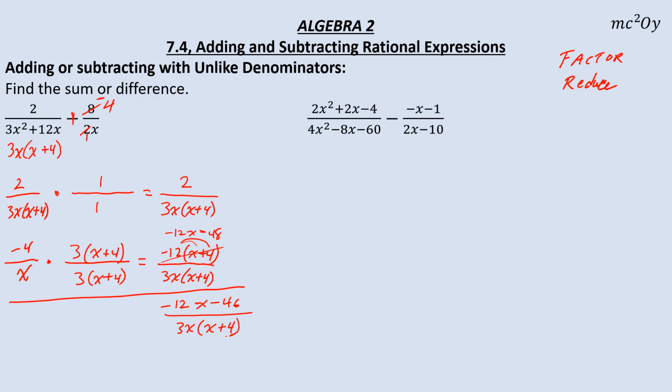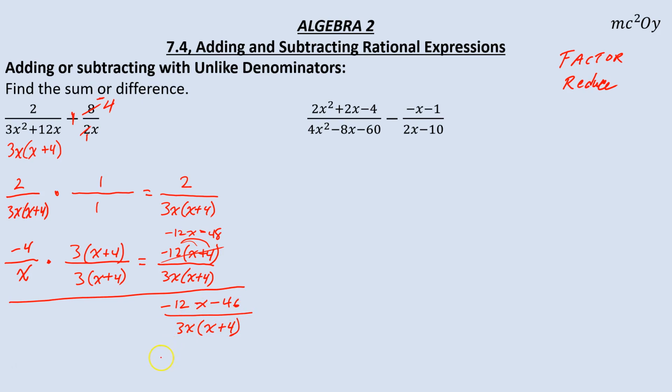Now, like I said, you should really factor if you can, right? Factor and see if there's anything that will go into both. Well, in this case, we have negative 12 and 46 there. And when I look at it, I mean, 2 goes into it, but you're not going to be able to take a 2 out of the bottom.